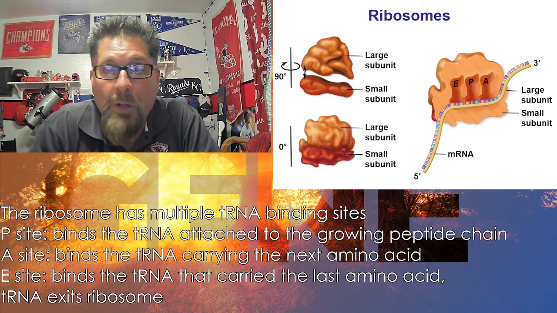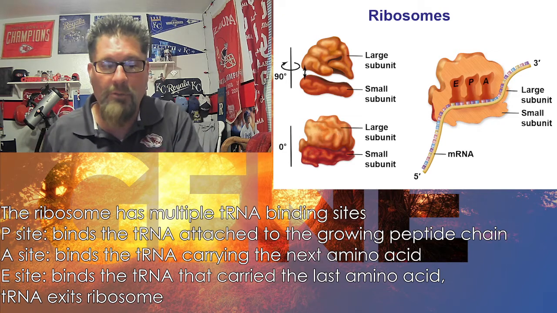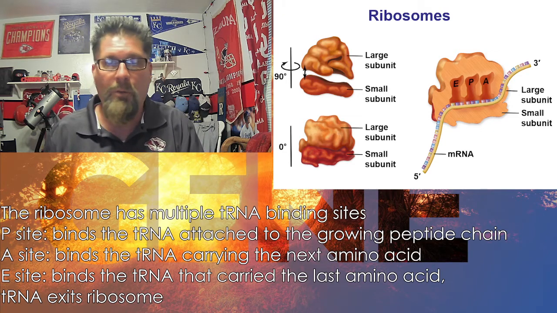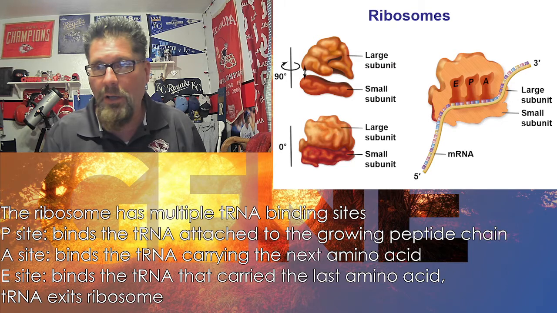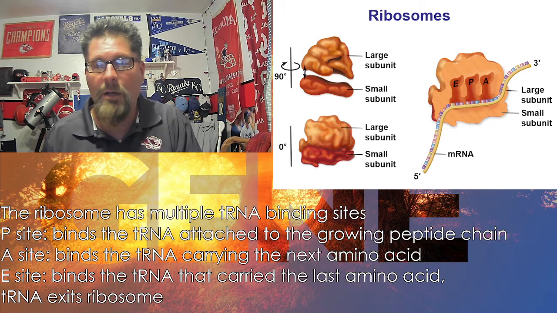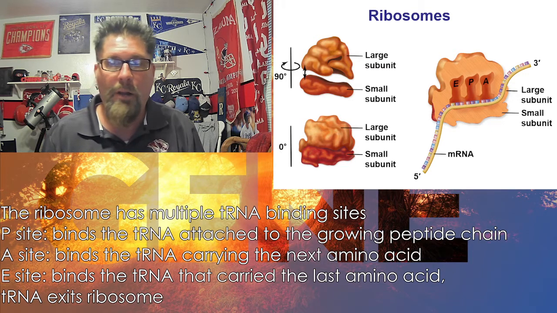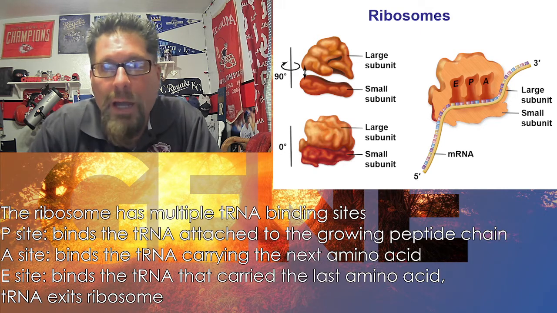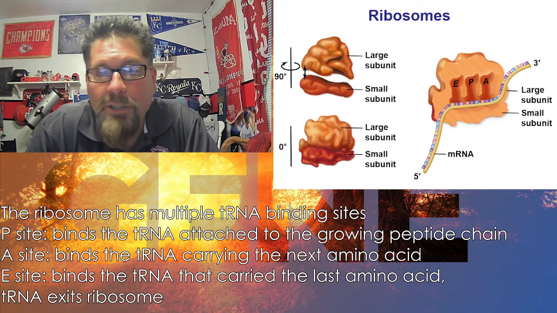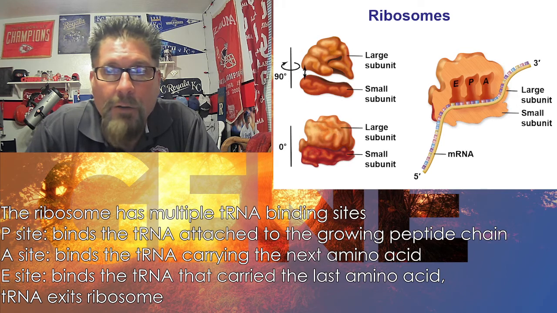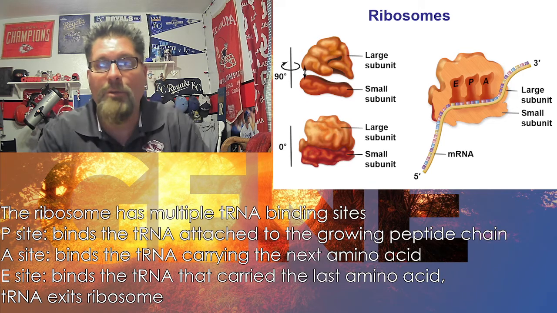And then at that point in time, everything moves down one spot. So what was in P now moves to E, and what was in A moves to P, and then the third one is set at the new A site. And then once it gets to E, it drops off of the tRNA molecule, drops away.